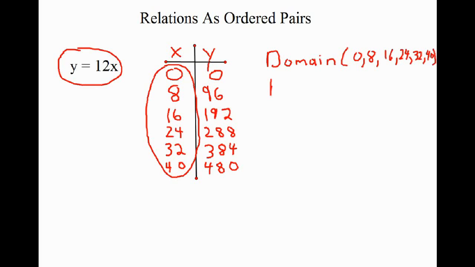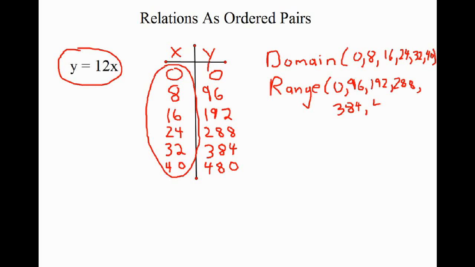The range is all the corresponding values of y. So it's also all the possible values, but in this case all the possible values of y. As we see in our table, our range is 0, 96, 192, 288, 384, and 480.